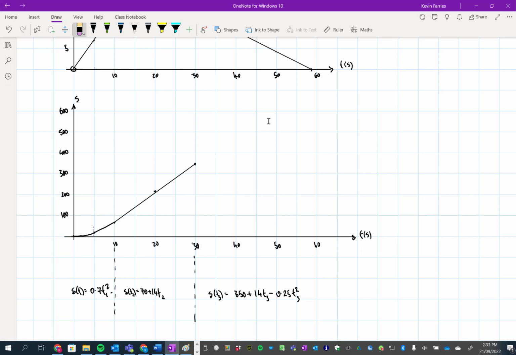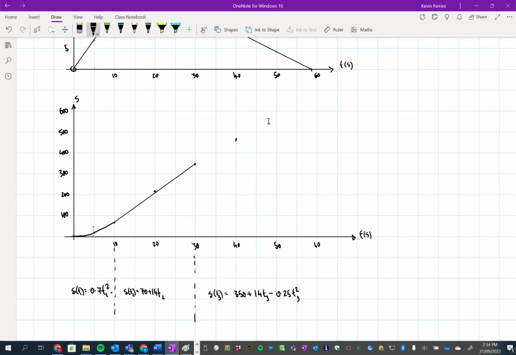350 plus 14 times 10 minus 0.25 times 10 squared is 465. So at 40, so 10 seconds into this stage, we get this is at 465, which is about 450, 465 is about there.